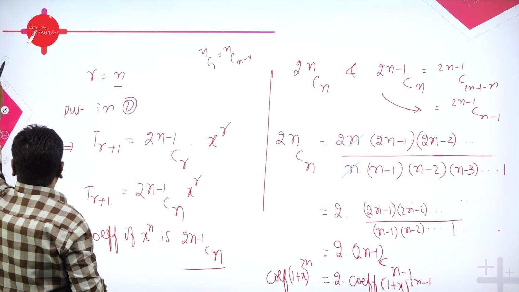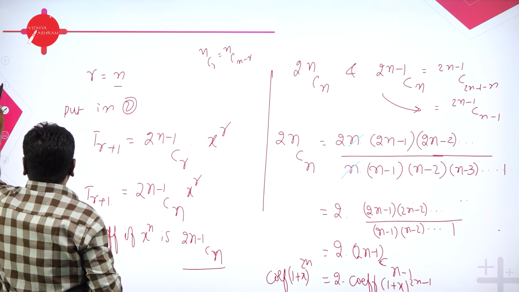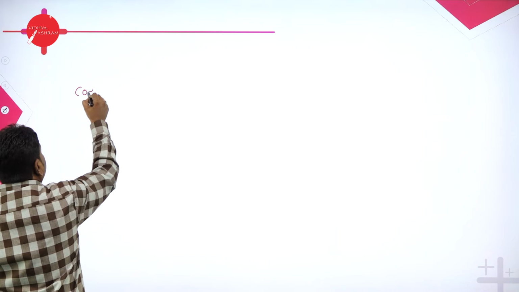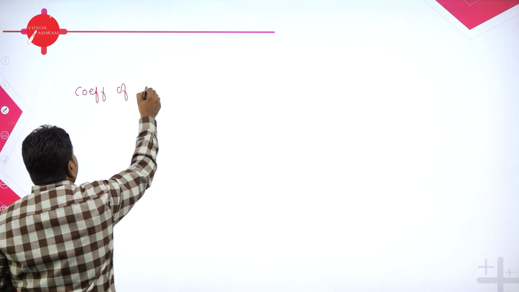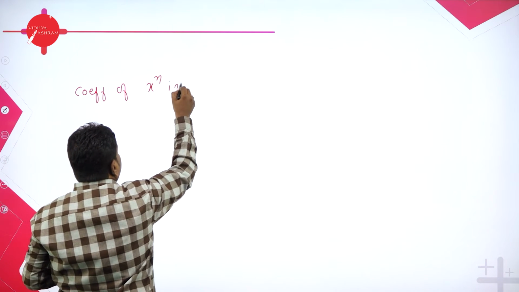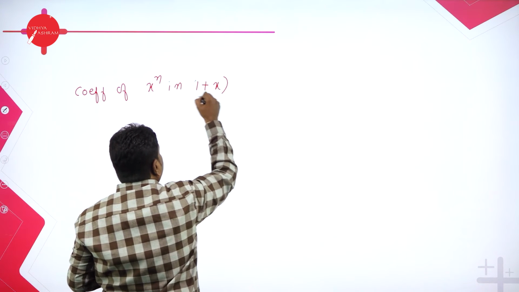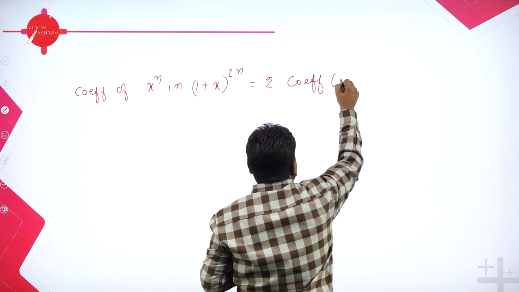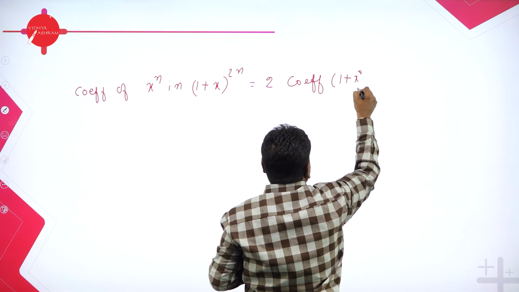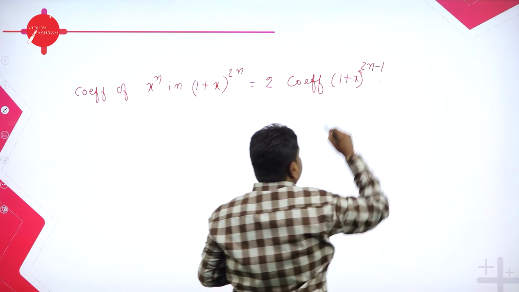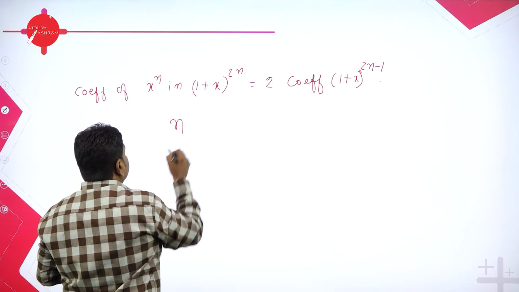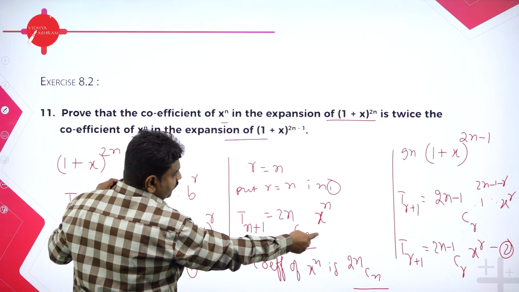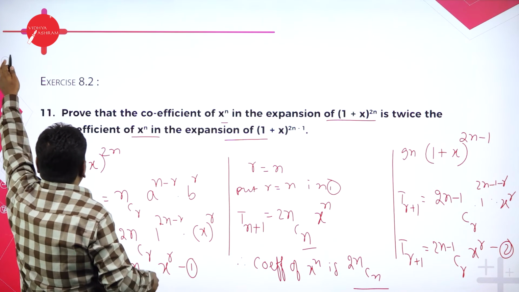I hope all of you got this. I'll repeat what we need to prove: the coefficient of x^n in (1+x)^(2n) is 2 times the coefficient of x^n in (1+x)^(2n−1). For this we got the coefficient 2n Cn.